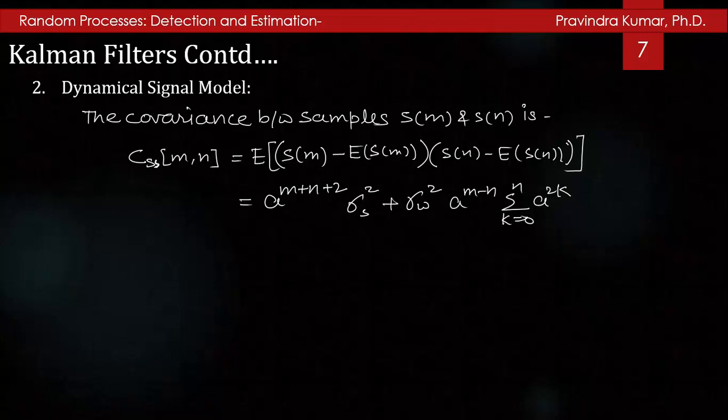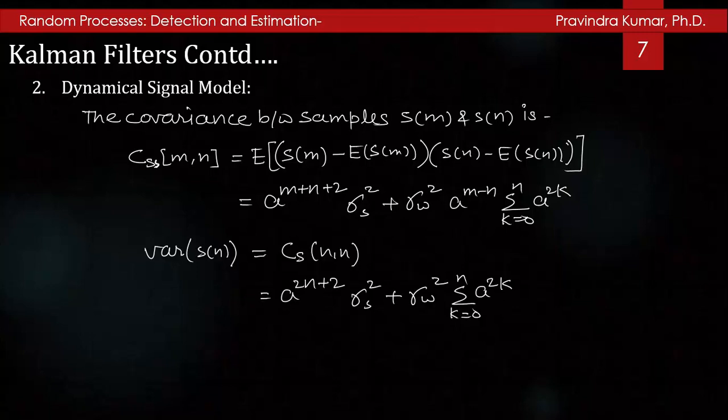Clearly s[n] is not wide sense stationary, since the mean depends on n. And the variance of s[n], c_s[n,n], will be a to the power 2n plus 2 sigma s squared plus sigma u squared summation k = 0 to n of a to the power 2k.